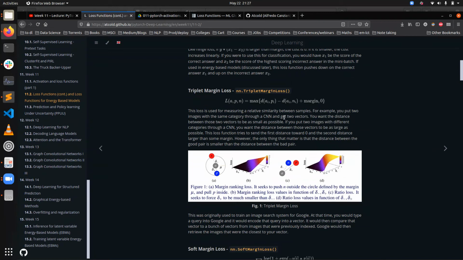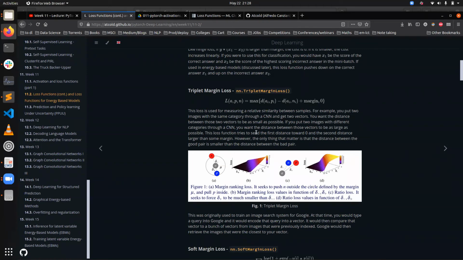If they mean the same thing, you want the embeddings that represent question 1 and question 2 to be close. If the questions mean different things, that is, if the label is 0, you want the embeddings of question 1 and question 2 to be as far as possible. In such a scenario, you can use triplet margin loss.